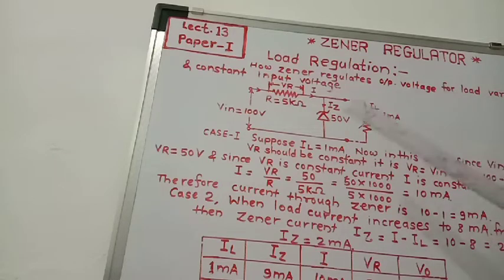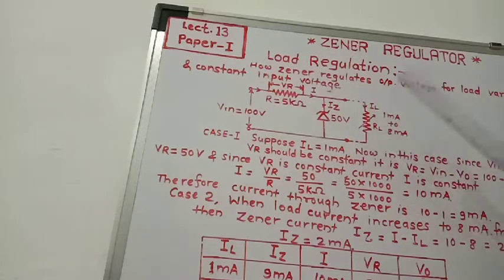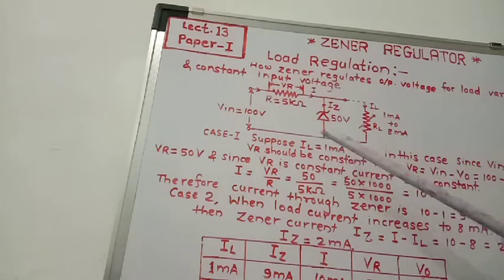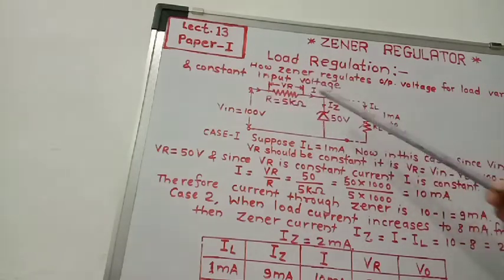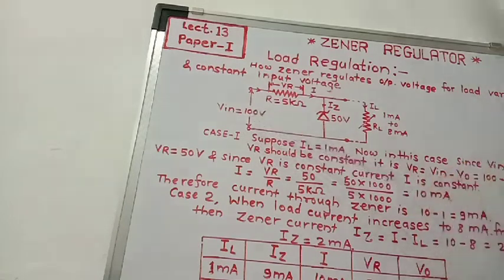Now since this resistance R is in series with RL, the voltage is divided across each resistor, and the input voltage VIN is 100 volt.